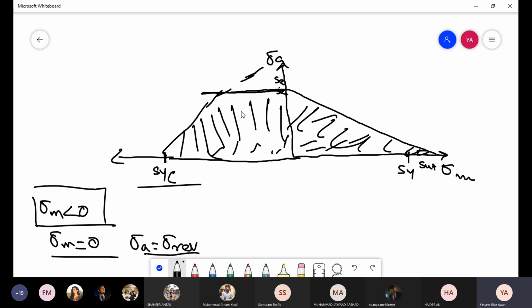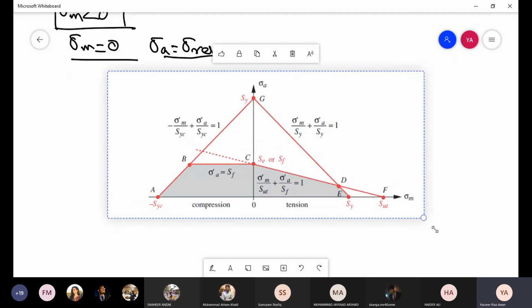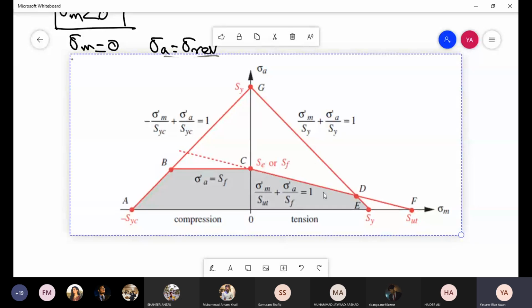This in compression and this in tension. I can have the diagram in more clear fashion. So we can ignore these equations. We will move to them later.